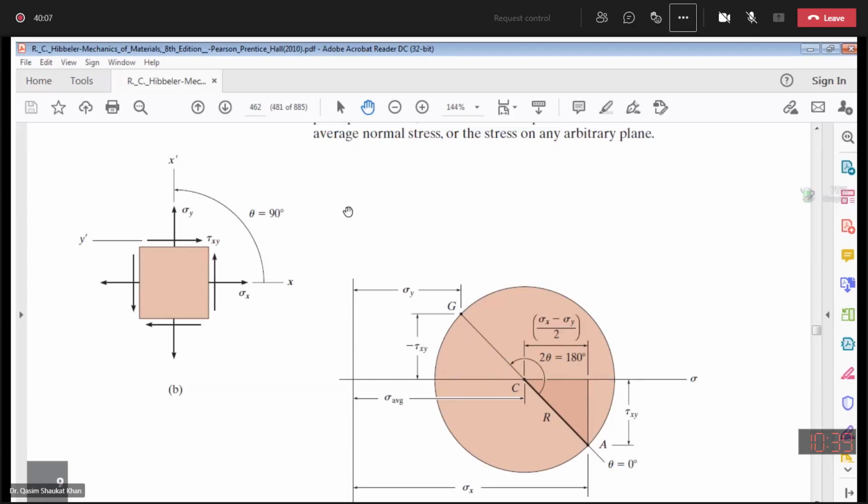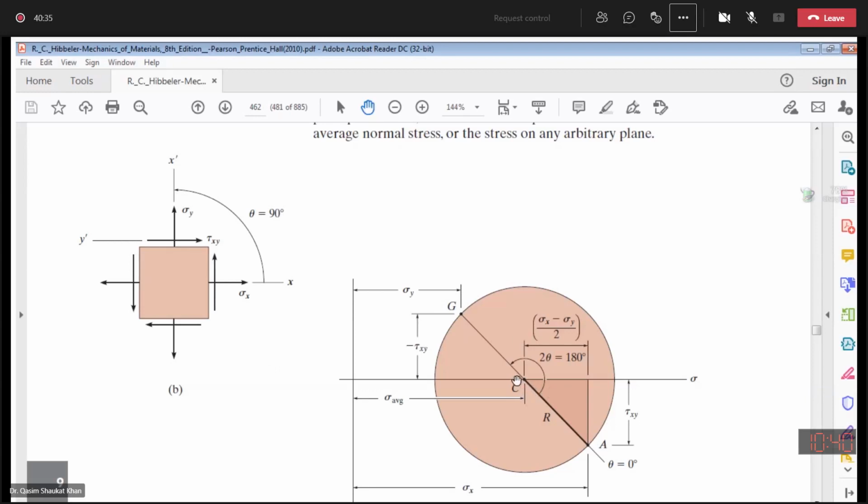Vertical axis is your shear stress, and shear stresses are positive downwards and negative upwards. Normal stress is positive towards the right, negative towards the left. Same, so no change. Clear? Then first thing is establish the coordinate axis, that you have done.